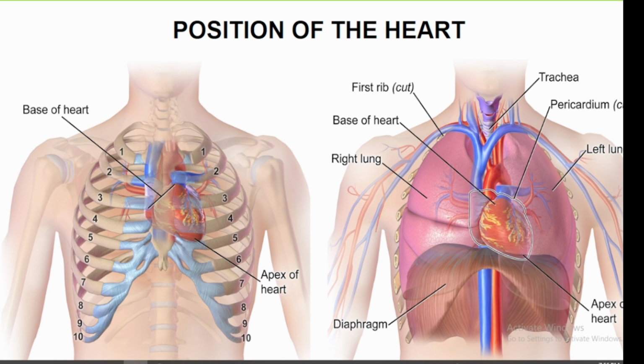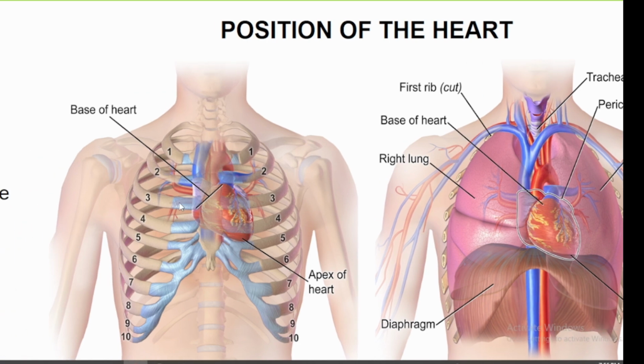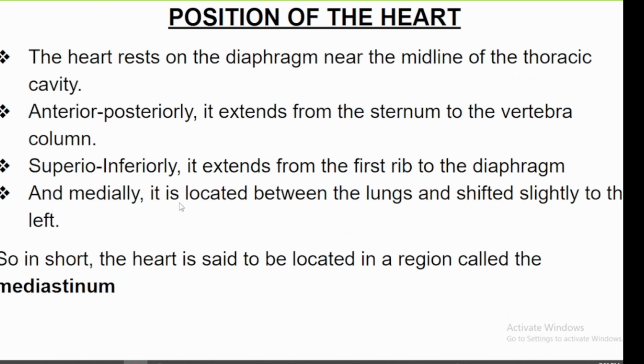So you can see the heart is perfectly resting on the diaphragm, sitting on it and lying in the thoracic cavity. When you look at the image on your left, you realize that it is lying straight in the thoracic cavity. Is that okay? Let's now go back and see point 2.